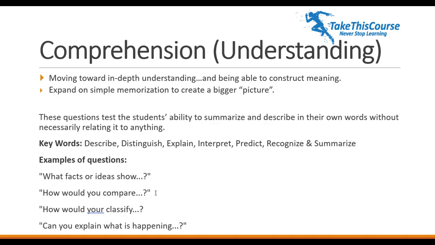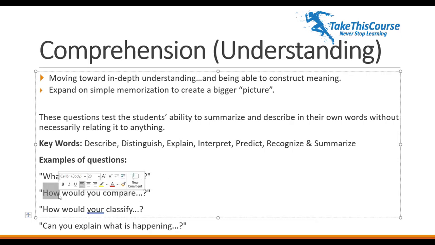A normal question, if I give an example, can be how would you compare? You don't need to use the keyword at the start, okay? You can still say how you would compare, how you will predict something, how you will explain something, or can you explain to me this certain idea? It's not necessary that every question starts with one word like explain or interpret from the different levels of Bloom's taxonomy itself.